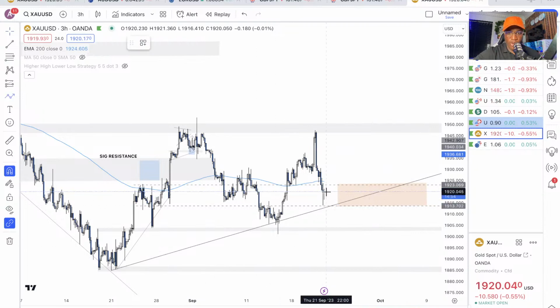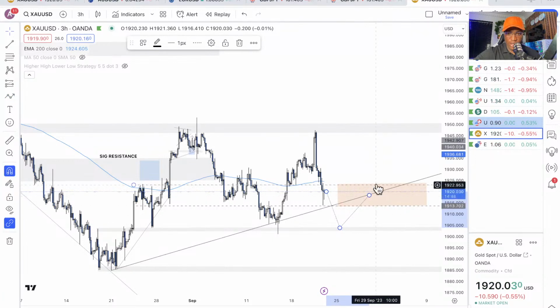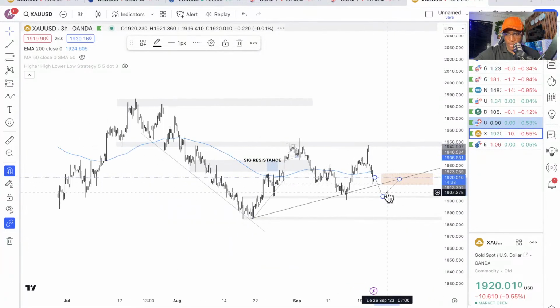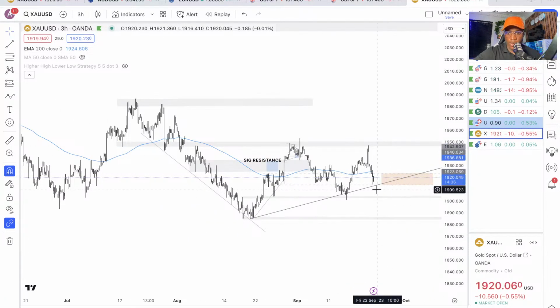If we get a break below this support trend line and probably a retest at these zones, then we can start looking for sell opportunities to trade to the downside. Okay, so that's something that you can also look out for on gold.